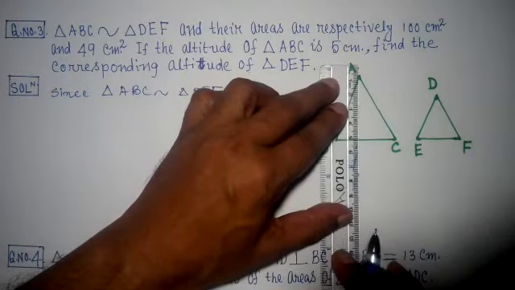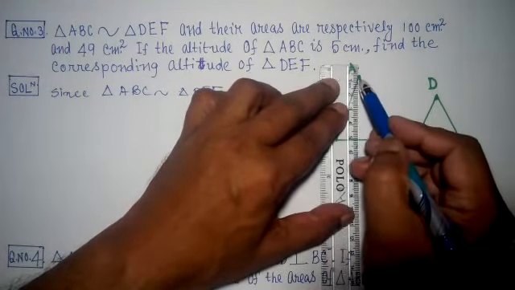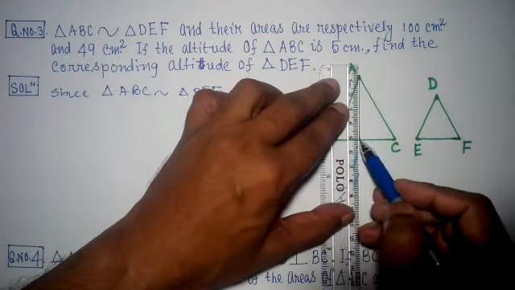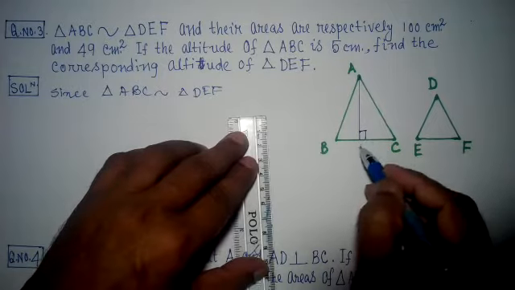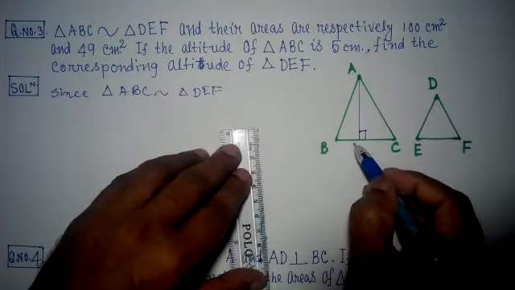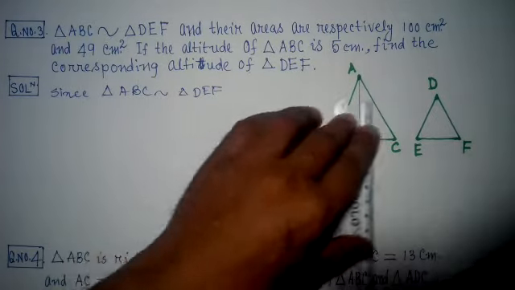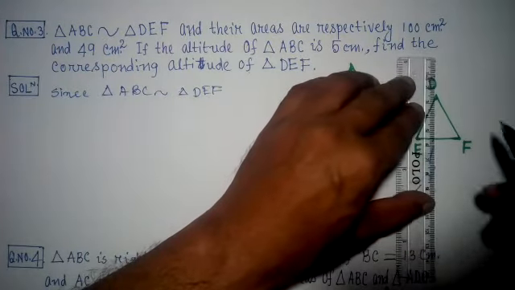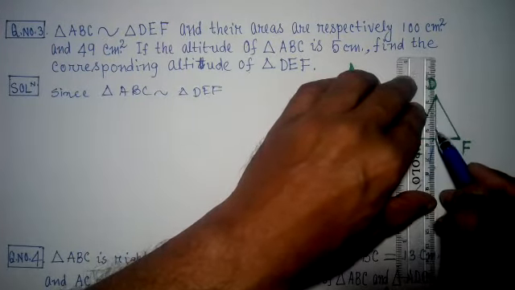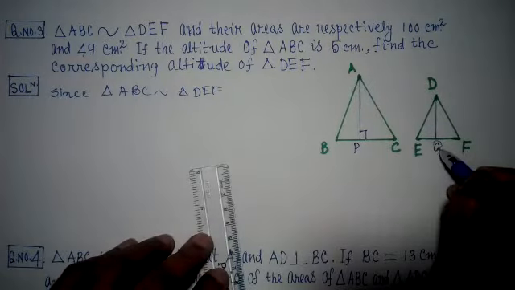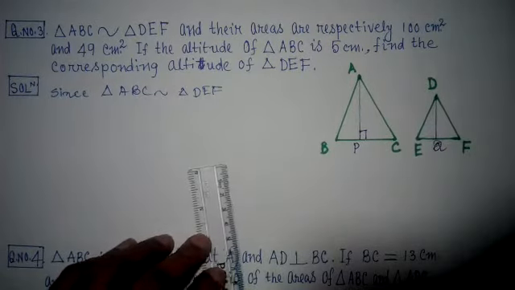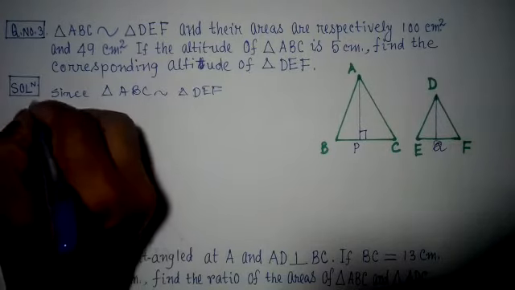From A, draw a perpendicular on BC. So this is the altitude, suppose we name it AP, and from D draw another altitude on EF for triangle DEF. Let this be DQ.